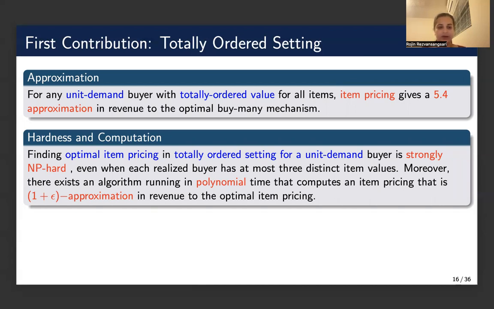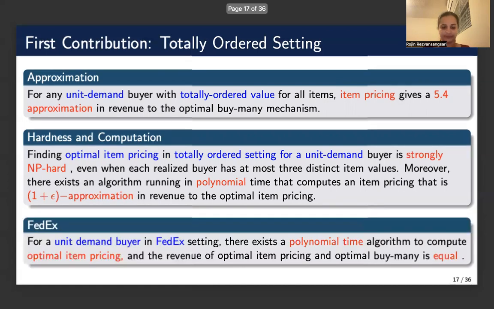We also show a polynomial time algorithm that computes a 1 plus epsilon approximation to revenue through item pricing. And what we know about FedEx is that in the FedEx setting, optimal item pricing and optimal by many get the same revenue, and we can also compute optimal item pricing in polynomial time.